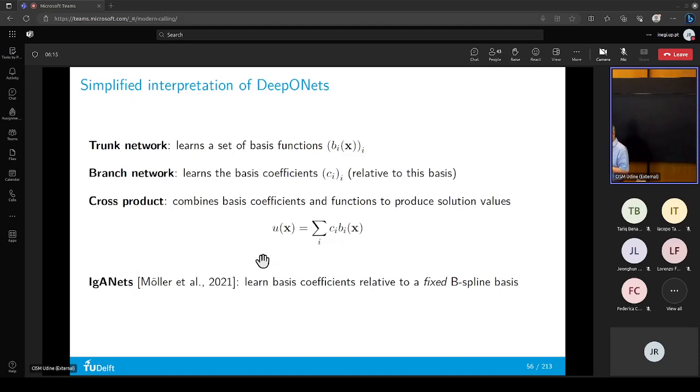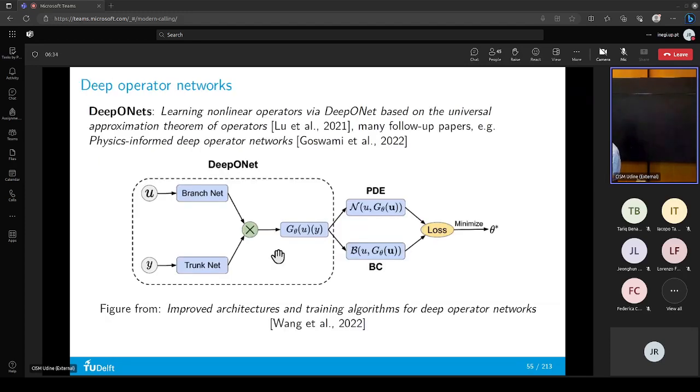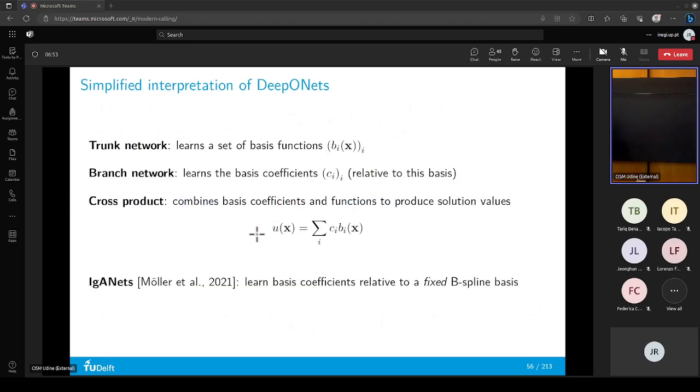In IGA we agree that our basis is a B-spline or a NURBS or a THB or whatever. So we agree a priori on the basis, and we rule out from the beginning the flexibility of learning the optimal basis for this problem. Therefore the network that produces the basis, the branch network, we don't have. In some sense it is in between a PINN, which learns just one problem instance, and a full DeepONet, because we are not learning the basis. But stay tuned, we come to that.